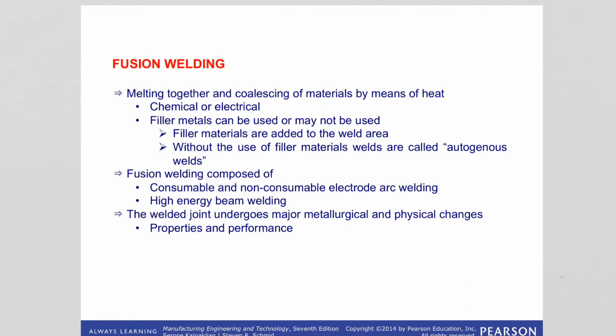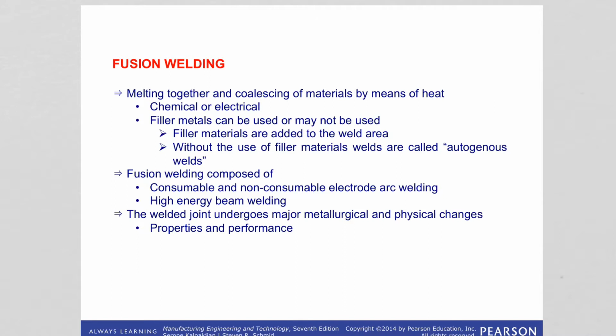What is fusion welding? This is melting together and coalescing of materials by means of heat. The heat supply can be chemical or electrical. Filler metals may or may not be used. Filler materials are what we add to the weld area to join the materials.